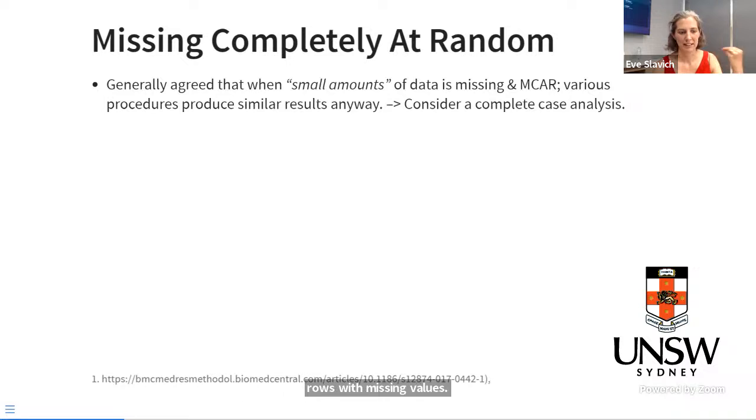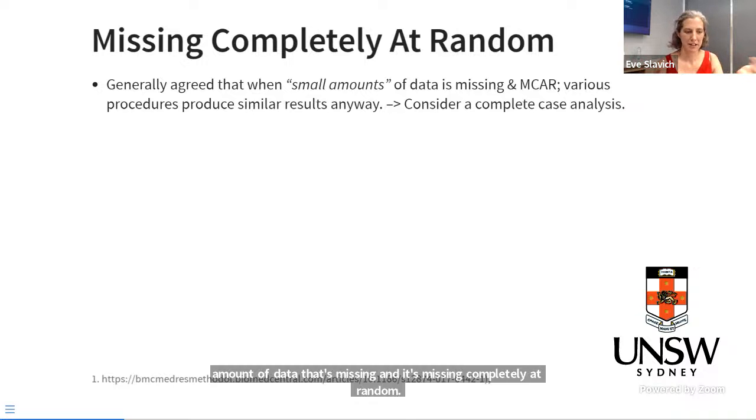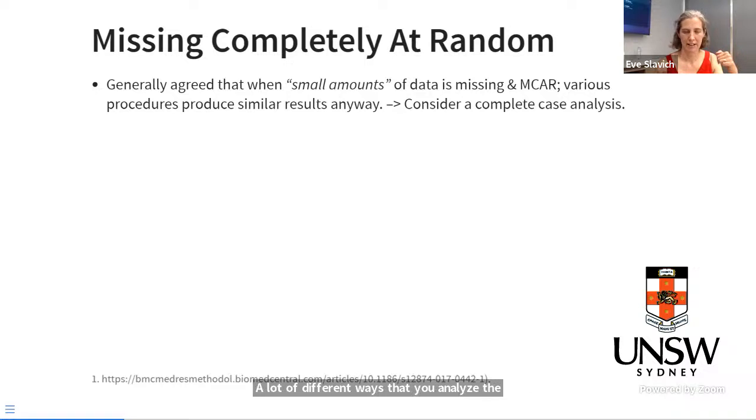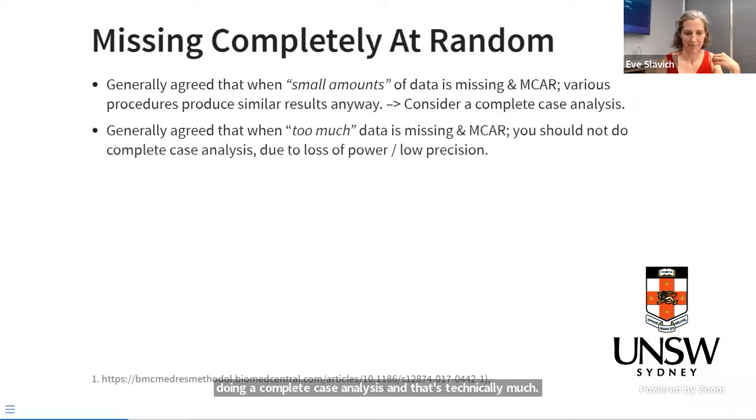So it's generally agreed that if you only have a small amount of data that's missing and it's missing completely at random, a lot of different ways that you analyze the data is going to get you similar results anyway. So if you have a small amount of data missing and you are satisfied it's missing completely at random, then you can consider doing a complete case analysis, and that's technically much easier to implement typically.